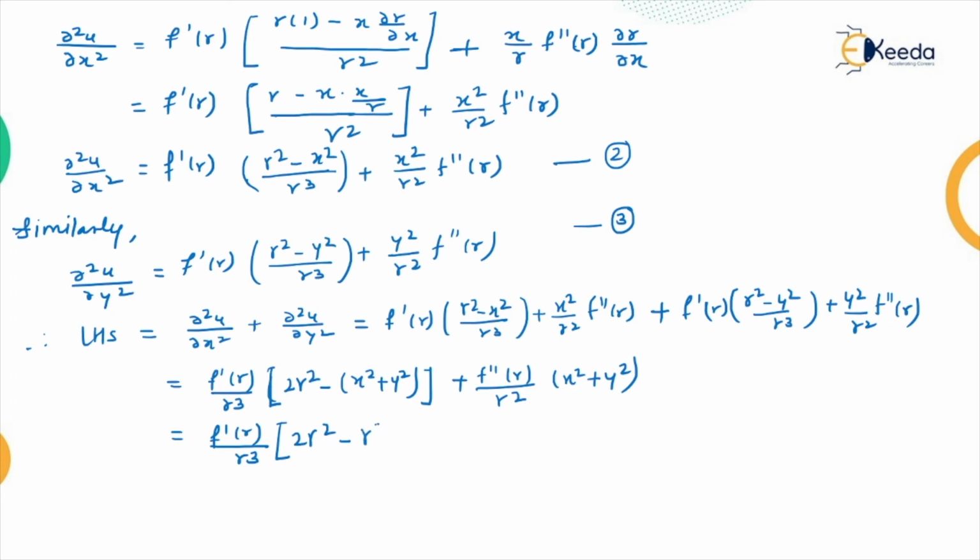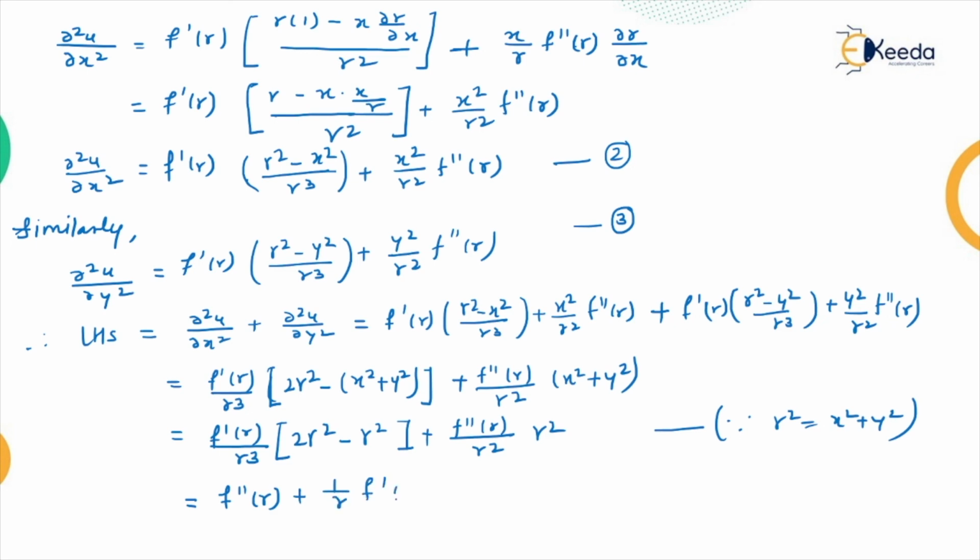So instead of this x square plus y square, we write minus r square, plus f double dash of r upon r square, and again x square plus y square is equal to r square. The reason I am writing this is that r square is equal to x square plus y square. So therefore you will get the next step, that is your answer: f double dash of r, r square gets cancelled, plus 1 upon r is remaining, into f dash of r.